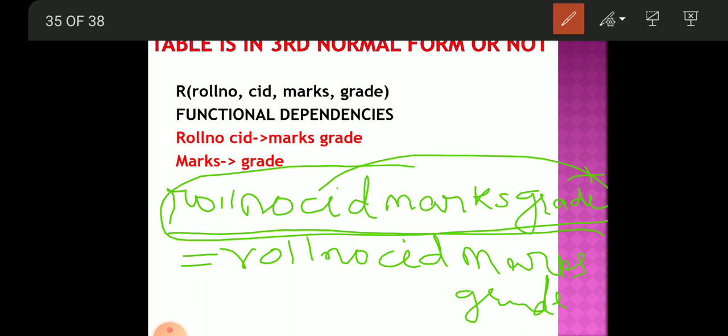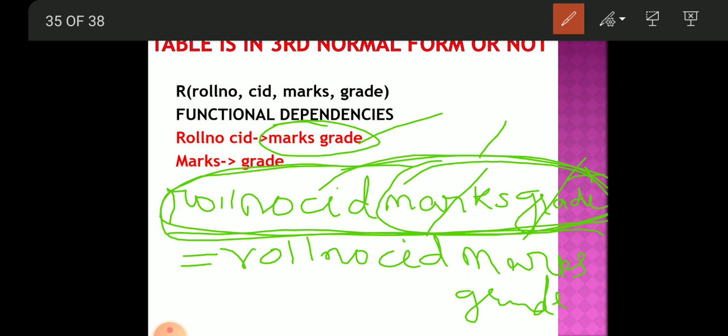See the first functional dependency: if we have roll number and CID, then we can derive marks and grade. So from this super key we can remove these two attributes, because with roll number and CID we can finally get all the attributes. So this is one super key, and the other one would be roll number and CID.